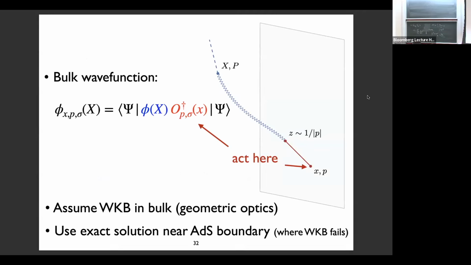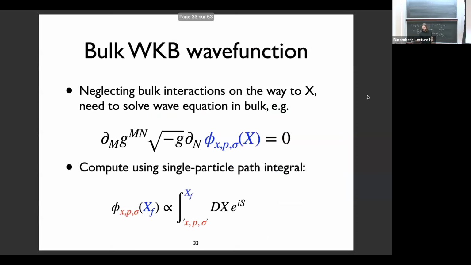I'm going to assume that close to the boundary this region is AdS, so I have an asymptotically AdS spacetime. This is just so I can actually treat this non-WKB region. This is some kind of Bessel function that is known and standard, and then it's going to merge into the WKB region in the bulk. That's how we calculate this bulk-to-boundary operator.